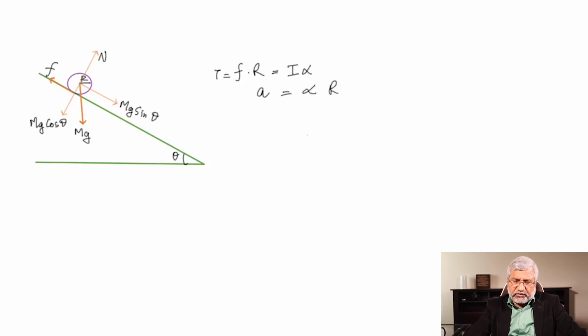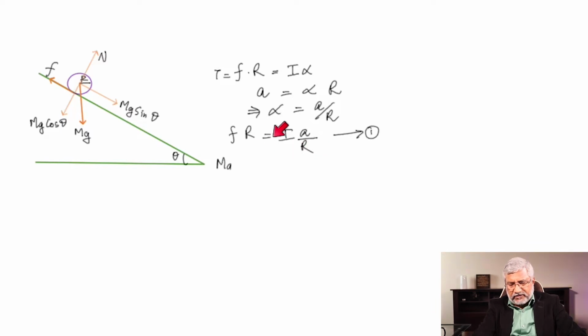But this is the relation between linear acceleration and angular acceleration. So we use that to substitute. And so we get alpha is a by R, and we can use that here in place of alpha to make the formula F times R is equal to I times a by R. And then actually we can bring this R over to the denominator and call it equation 1.